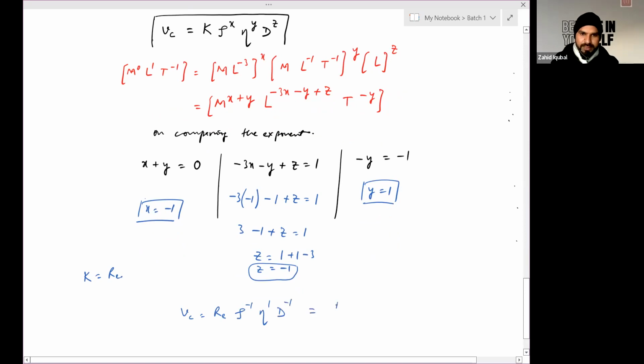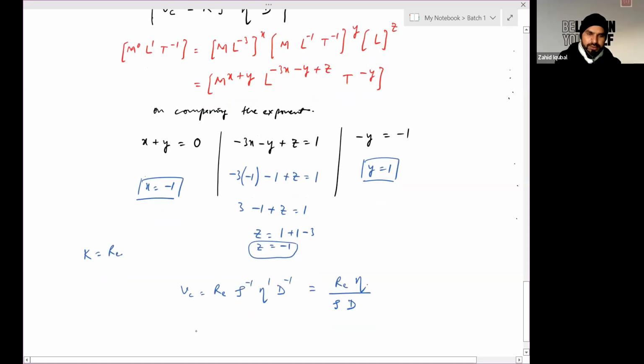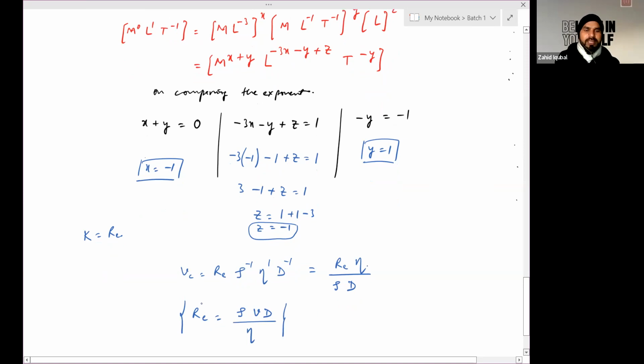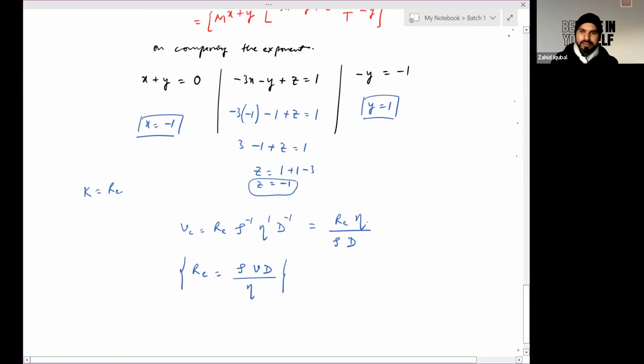We may write it as Re eta divided by rho times d. So on rearranging, you will get Reynolds number equals rho V d by eta. Now, using this formula, you may calculate for different cases.